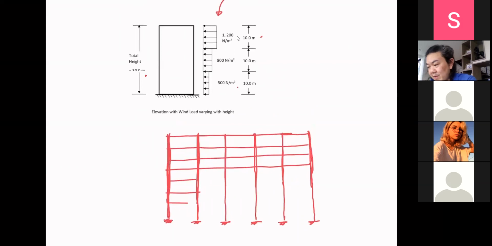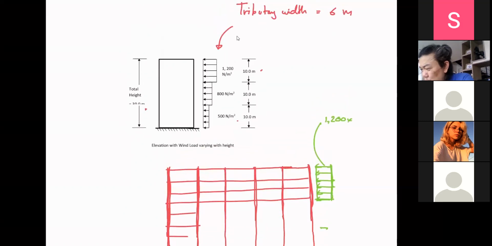But what is more important is that you must know that the load here, say it's going to be more like that. The load here, because I say that for grid B, is going to be equal to 1200 multiplied by the tributary width of 6 meters.